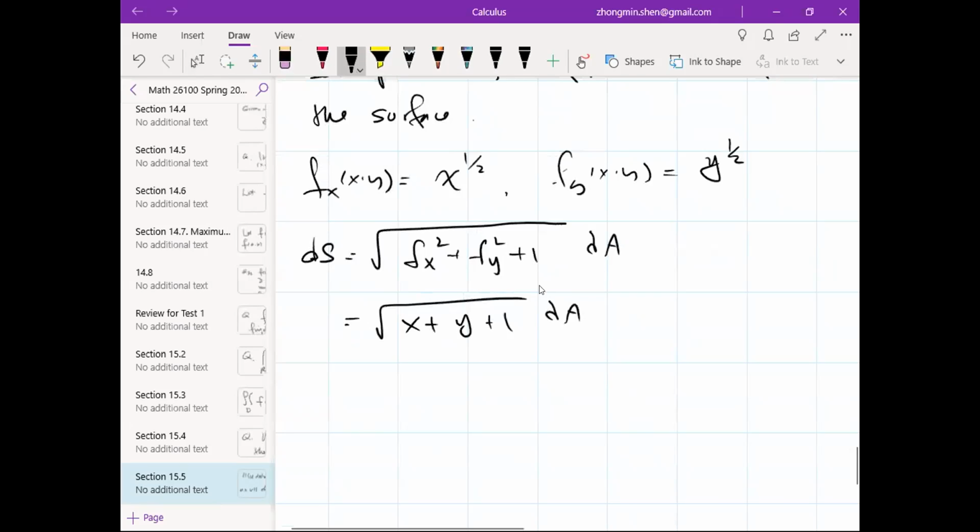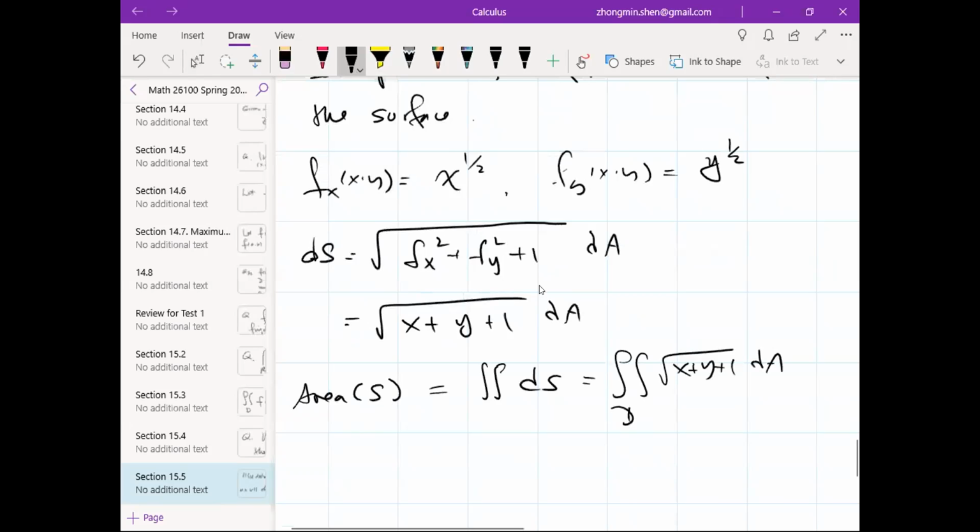So the surface area is just the double integral of dS, but then we can change it to the double integral over D with respect to x and y.